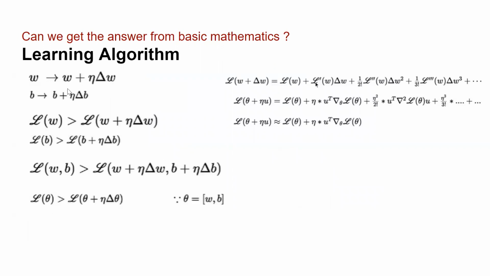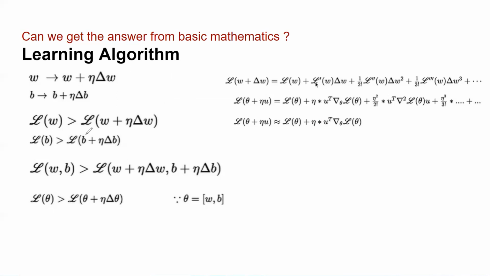So my w is what? w is w plus eta delta w. b is b plus eta delta b. There shouldn't be any problem with this. Now what we are saying is that my loss after the update will be lesser than my previous loss. Then only is my learning algorithm feasible.